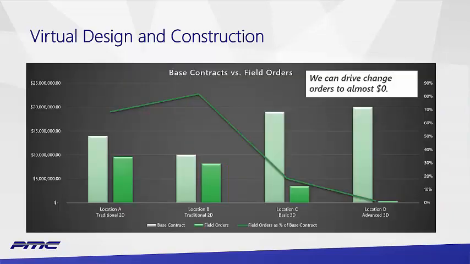I'll show you what the effects of this are on project budgets. These are based on real numbers from a partner of ours that we worked with for many, many years. We did hundreds of scan projects with them.